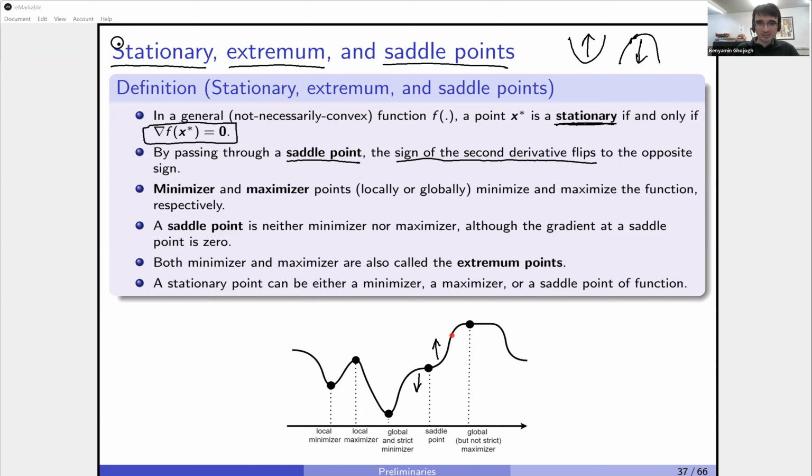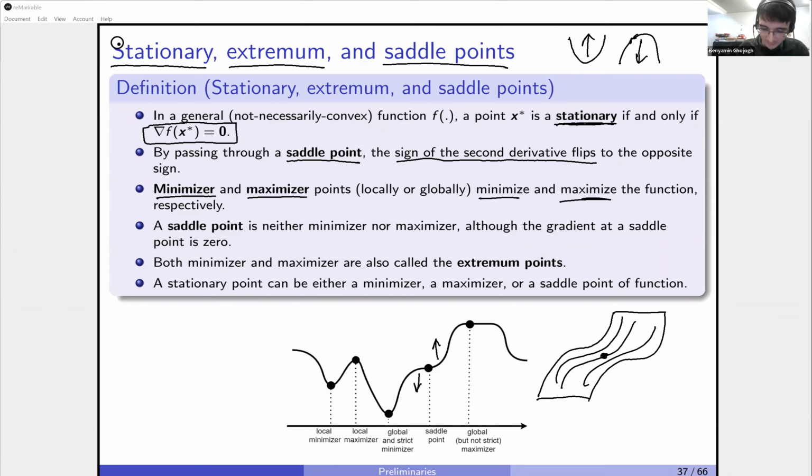In other words, in a saddle point, we have something like this. You can also imagine it in a multidimensional domain. For example, in 2D, it will be something like this. In this point, facing up and facing down. And what is a minimizer or maximizer? If it locally or globally minimizes or maximizes a function.